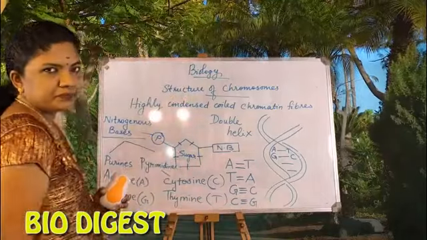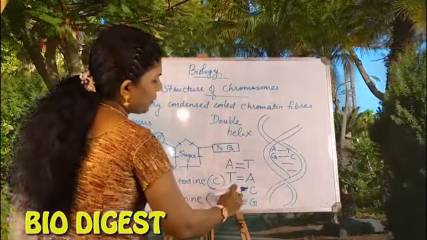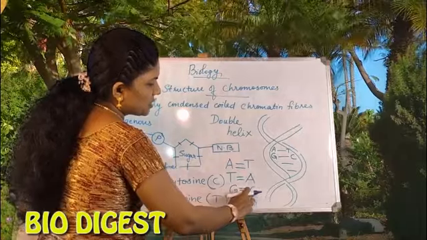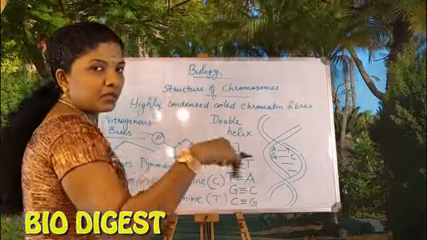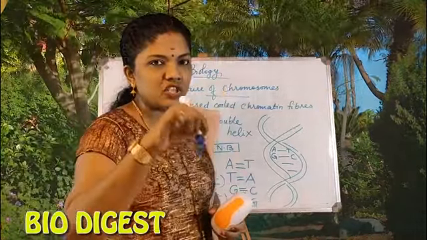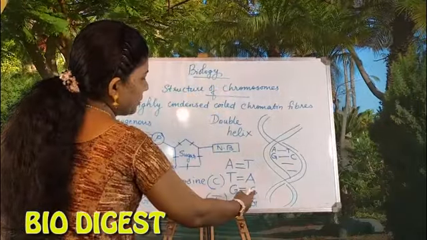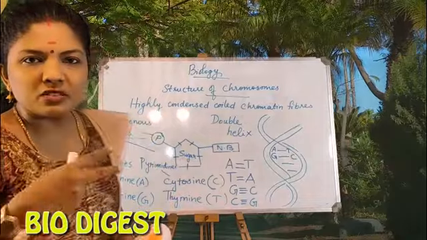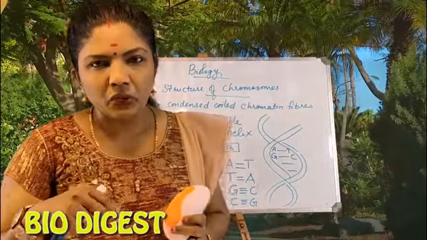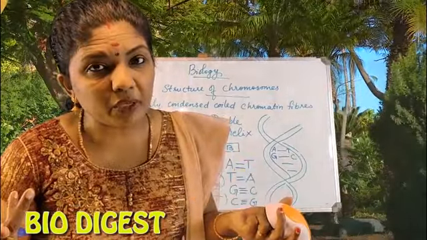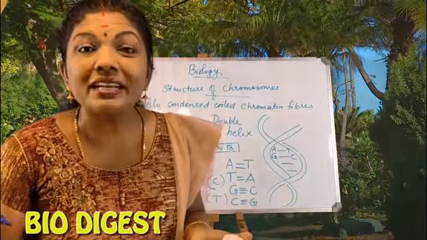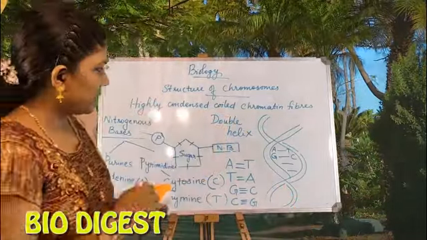There will be G. This also you can remember: if a child begins to write G, first the child has to write C. So C and G always bond together, and in between there will be a triple bond present.